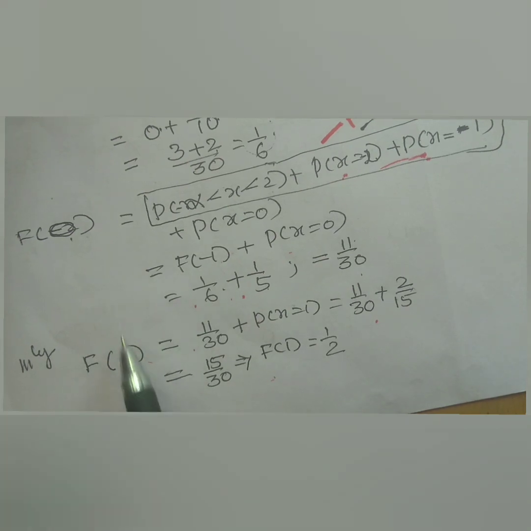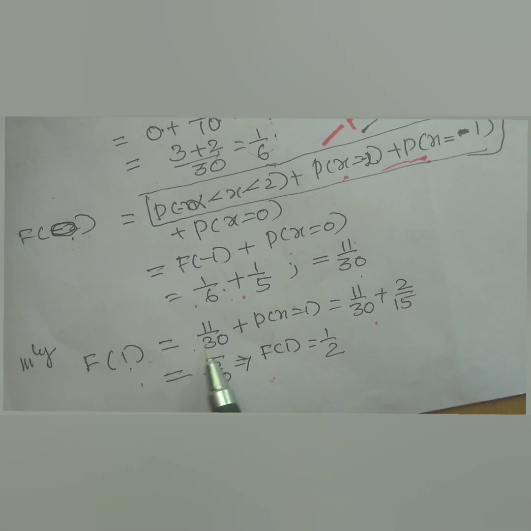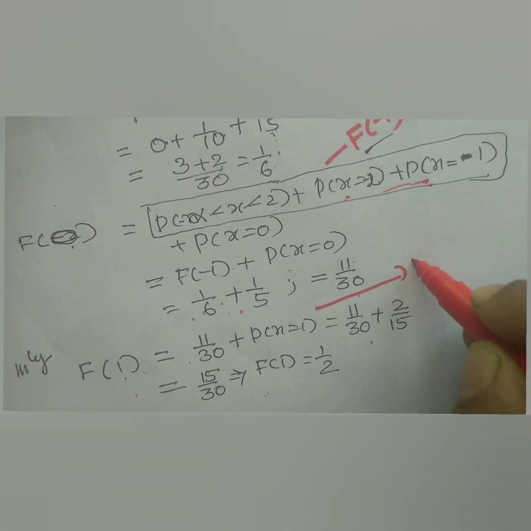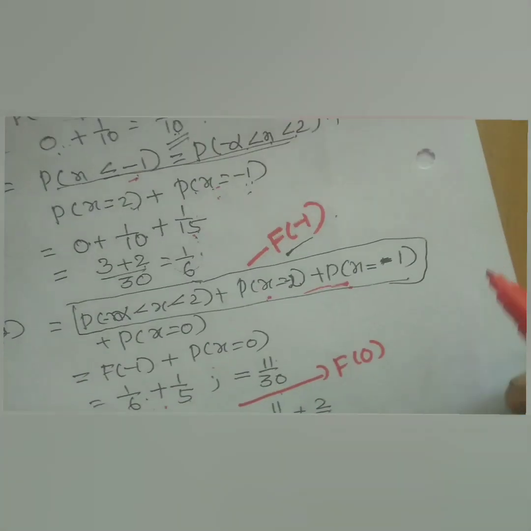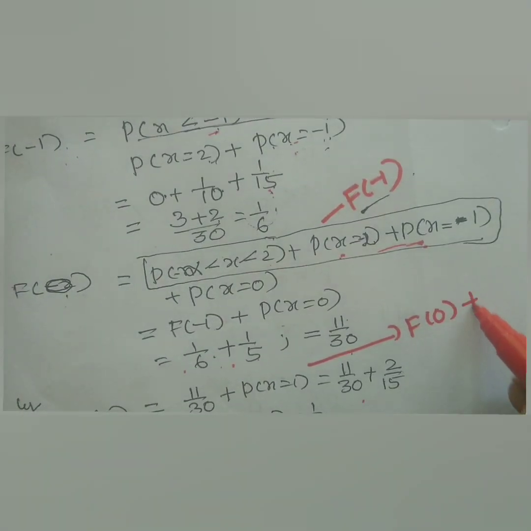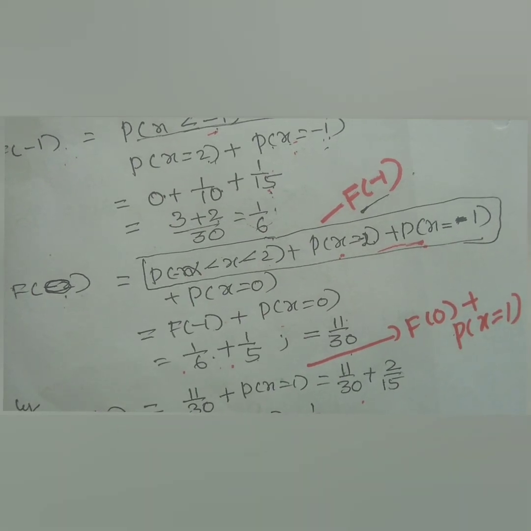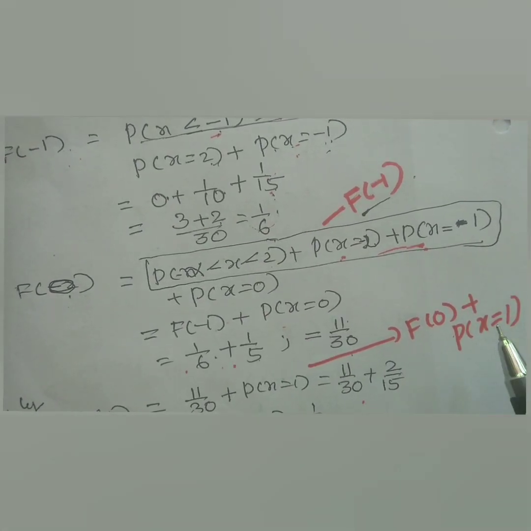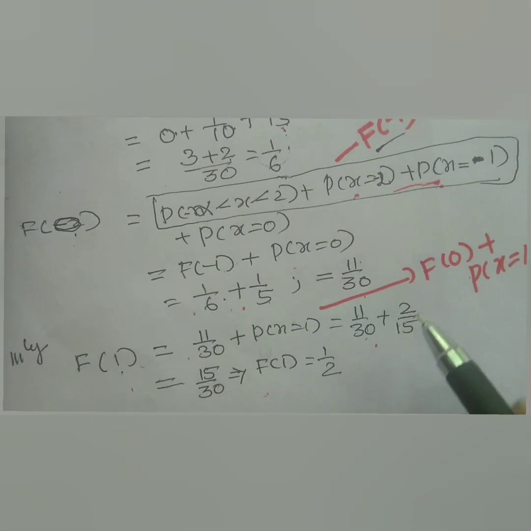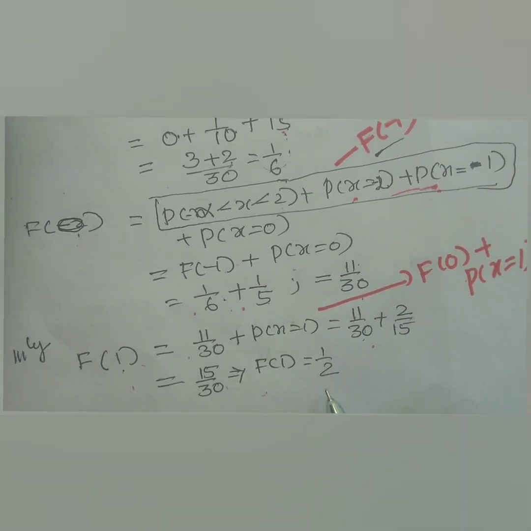F of 1 is equal to, you just take this previous one, that is f of 0 plus p of x is equal to 1. That is 11 by 30 plus 2 by 15. So that is equal to, last answer, 1 by 2.